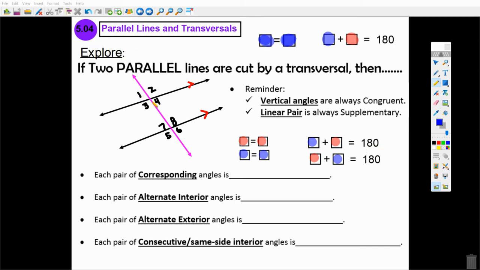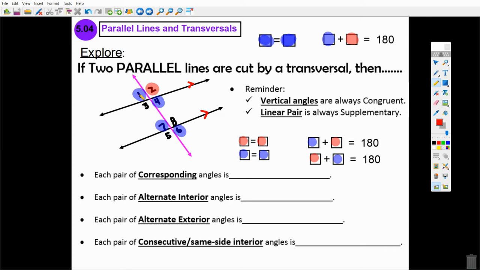So right now, for example, I know that vertical angles are congruent. So I know that this one is congruent to this one, and this one is congruent to this one. And I know that 2 and 4 are supplementary. So 2 has to be red and 4 has to be blue in order to make a line.